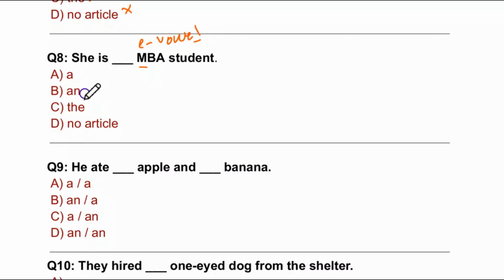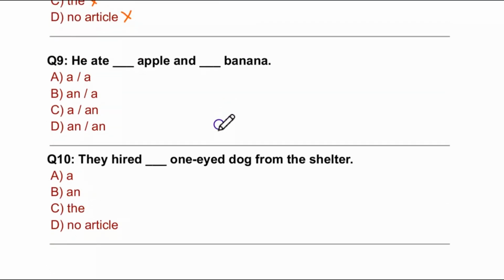So A is not the correct answer, the is not, no article is not. The correct answer is an. She is an MBA student.